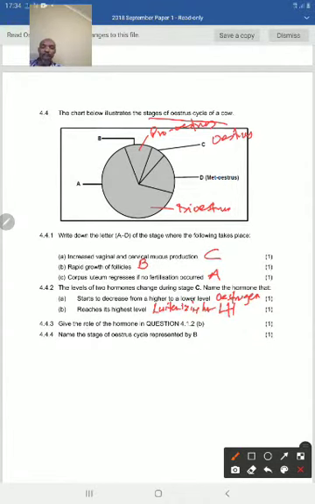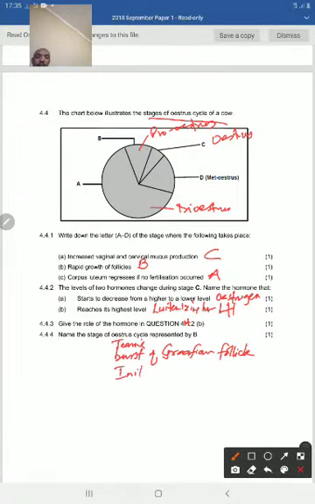Give the role of the hormone in B. So luteinizing hormone is definitely responsible for the bursting, the tearing of a Graafian follicle, to initiate ovulation.